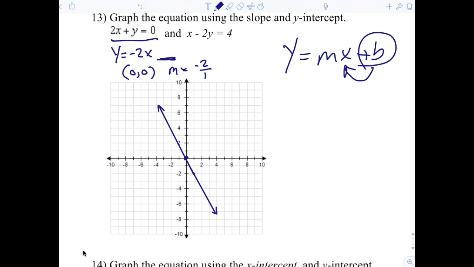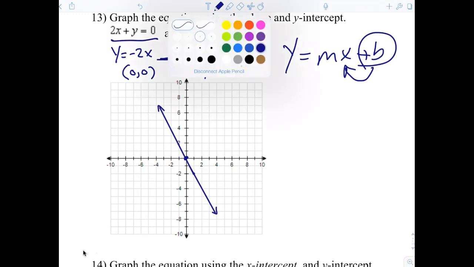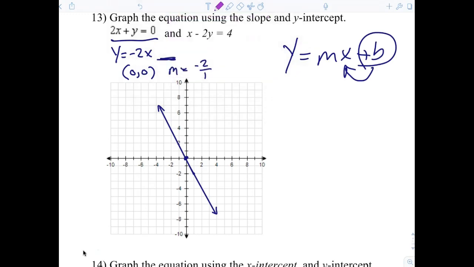Now I've got a problem. We're going to write x minus 2y equals 4. And now I've got to solve it for y, which means I have to move what? X. I'm going to move x over. When you move x over, it becomes negative.